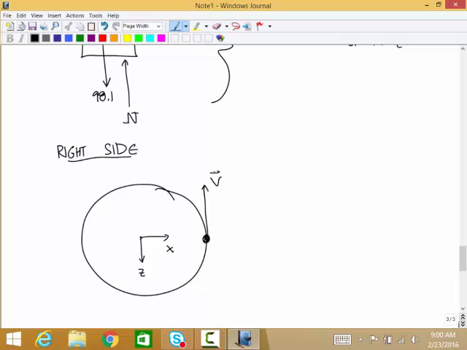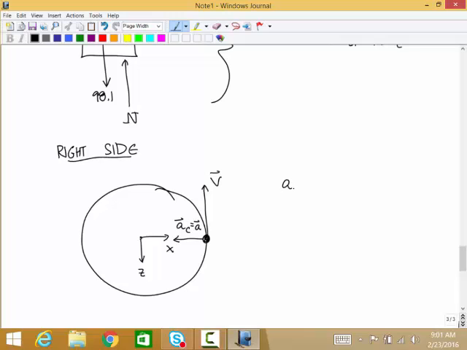Is there any angular acceleration? It's not speeding up or slowing down, so there's no tangential acceleration. But there is a centripetal acceleration. There always has to be with circular motion. So that's pointing towards the center. And that's equal to the total acceleration.